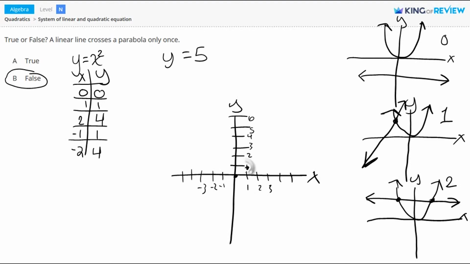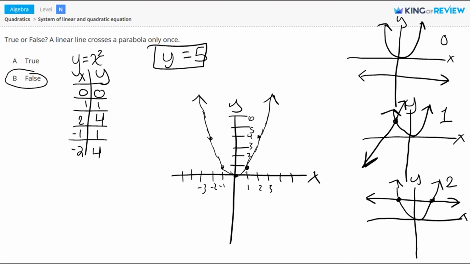We have a point at 1, 1, and a point at 2, 4. And then we have a point at -1, 1, and -2, 4. So filling this in, here's our parabola. And now let's plot the line y equals 5.